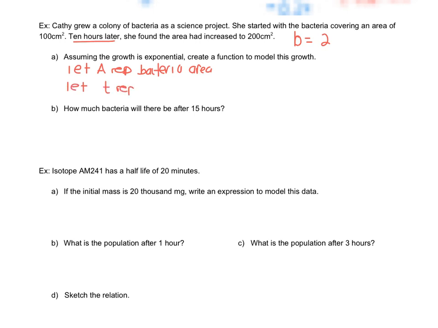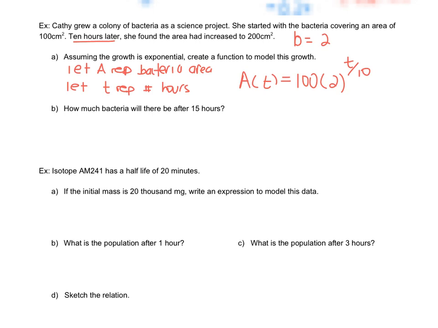Let T represent number of hours. So my equation will start with A at T. I know that the initial bacteria area is 100. I know that it is doubling every 10 hours. So that means we're going to have T over 10. So we have our equation.